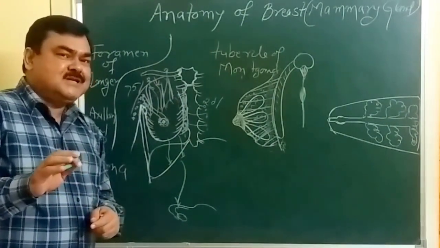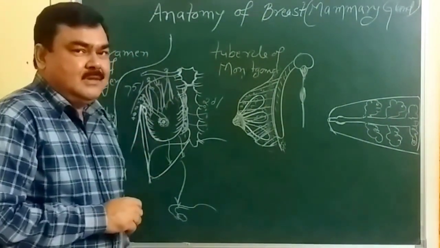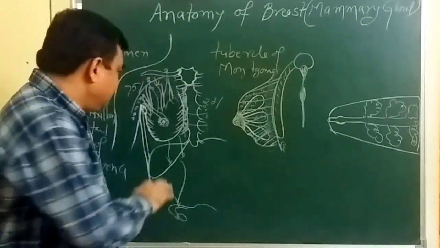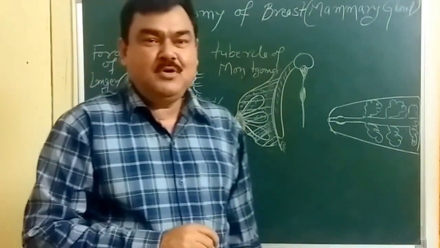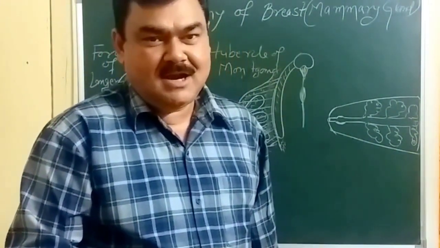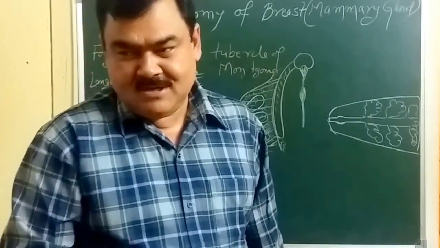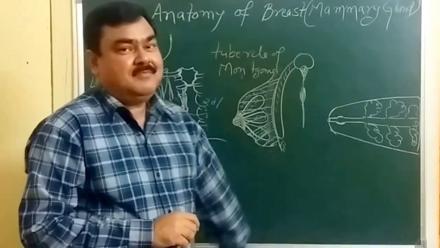In case of obstruction of the superficial lymphatic channels, in case of carcinoma, there is edematous skin. This condition is known as peau d'orange, or skin of orange, or peel of orange. So this is all about the anatomy of the breast.